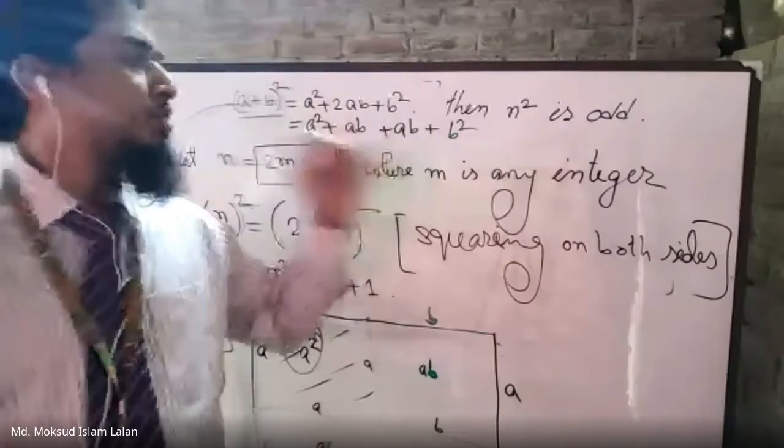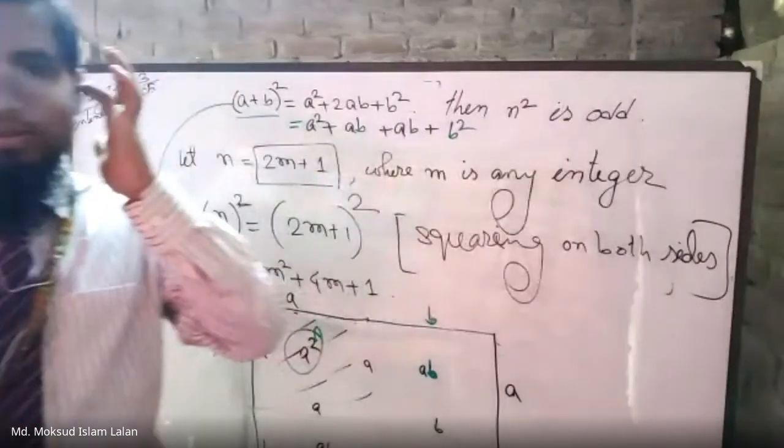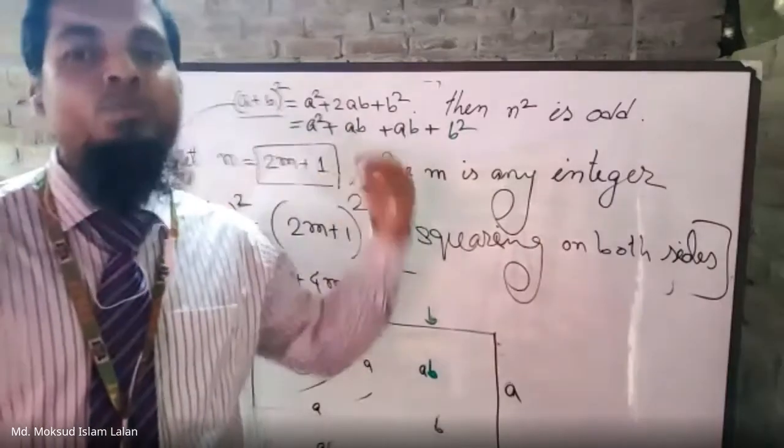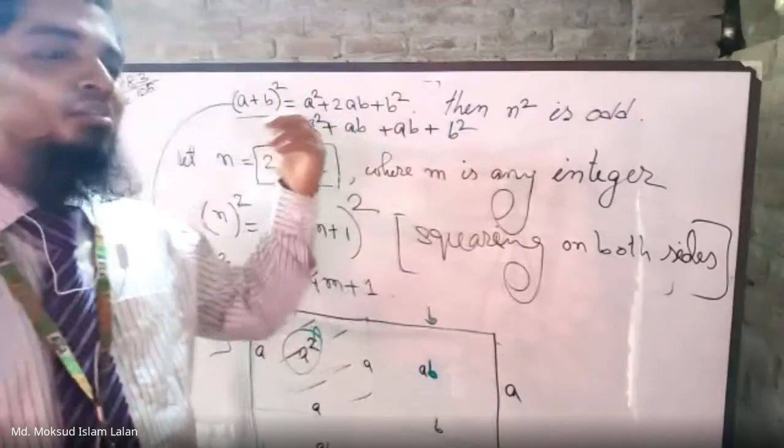Now since this is our same thing, you can add AB, AB and b square. Actually we are using this square not to evaluate something like 5 square, or 2 and 3, or 1, 4.